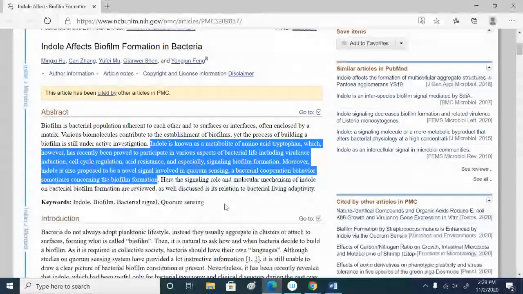It is a metabolite of the amino acid tryptophan, and it's believed to function in things like virulence induction. So when we talk about disease and virulence, we'll learn that these are factors produced by pathogens to help overcome host resistance, the immune system, cell cycle regulation, acid resistance, and especially signaling biofilm formation.